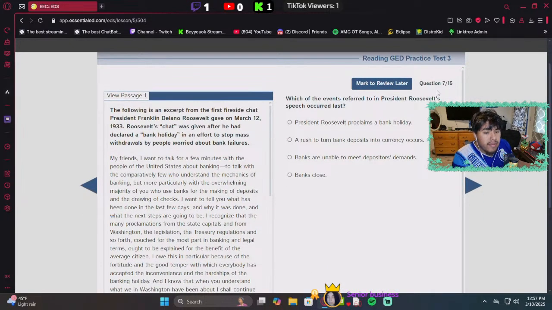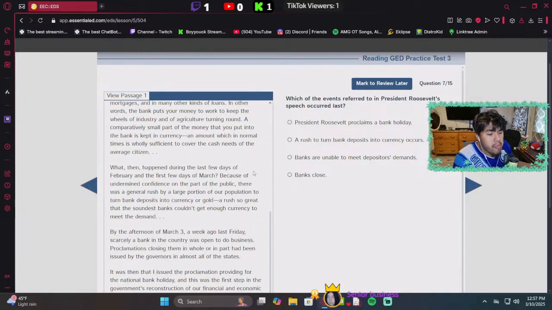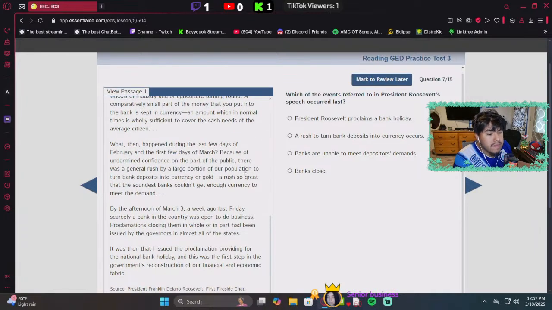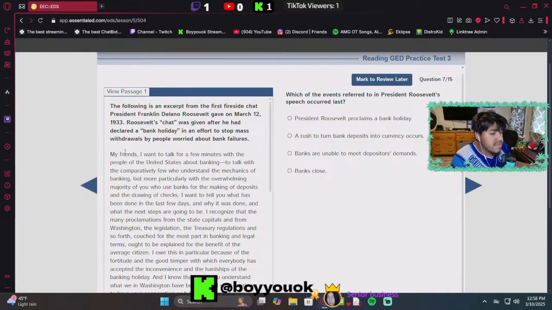Which event referred to in President Roosevelt's speech occurred last? When was this made?